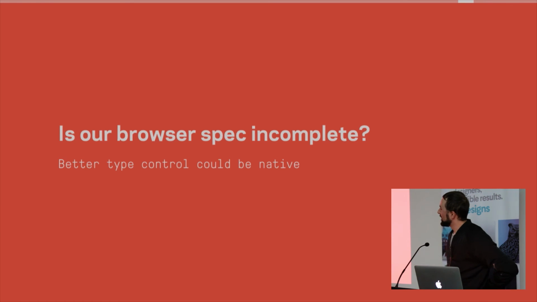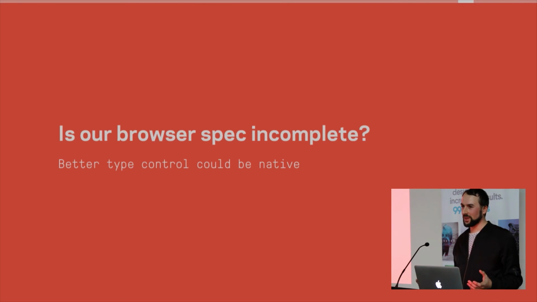A little bit bigger picture. I asked myself why I even built this. Why do we need a solution for type like this? It makes me wonder if maybe our browser spec is incomplete. Looking at the way that line height works and the extra space that gets put around your type really just seems like it might be something that needs a lot more work.